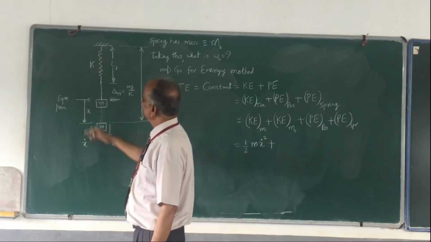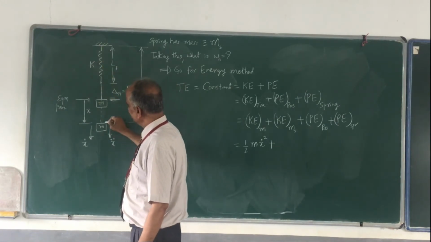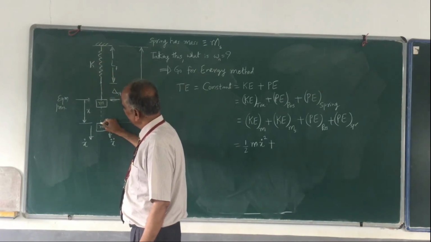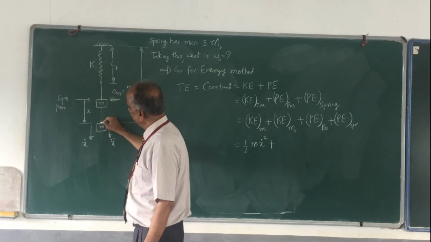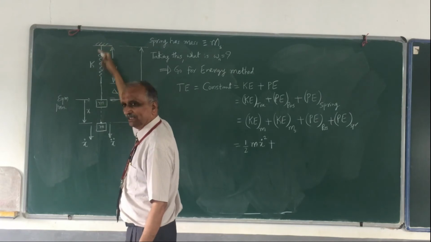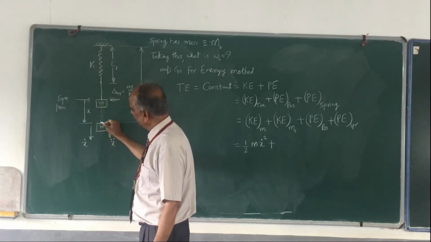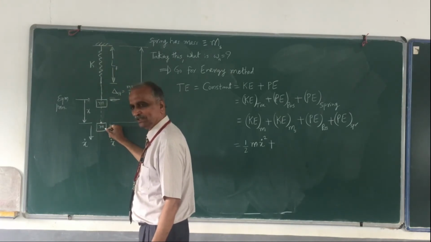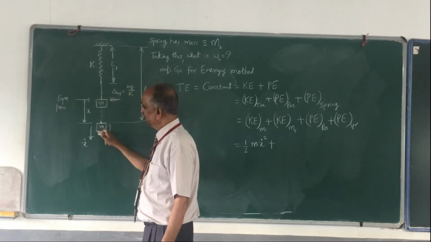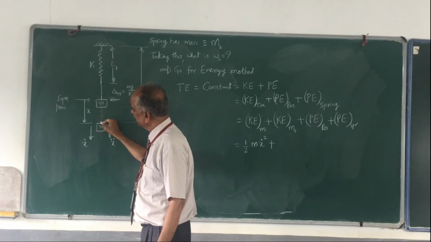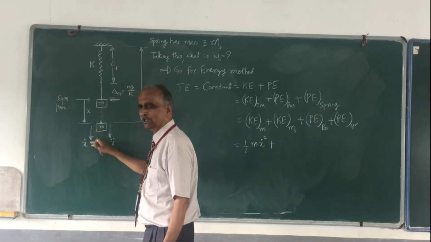Now the spring, one end is here, the other end is here. One end of the spring is attached to this m, and since m has velocity x dot, do you agree that this end of the spring has a velocity x dot?